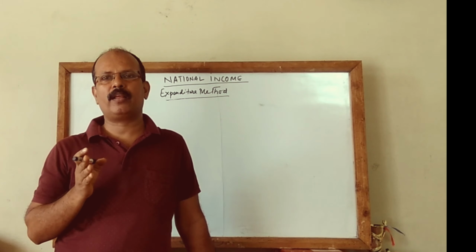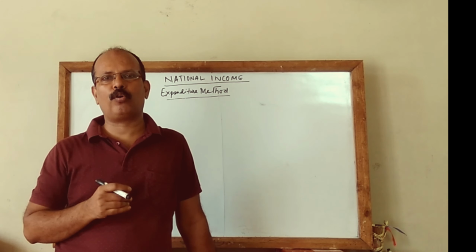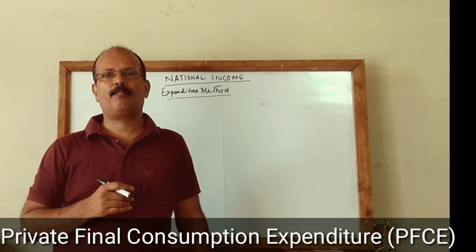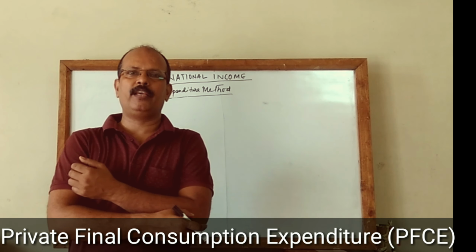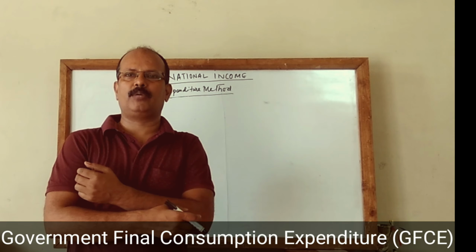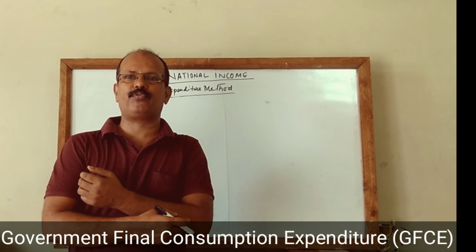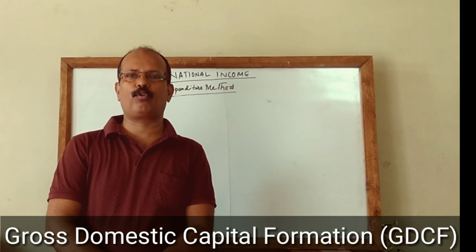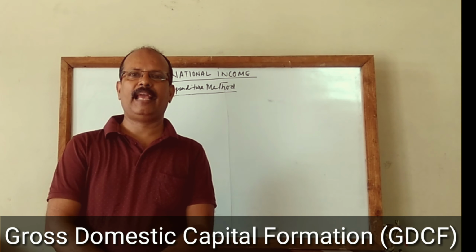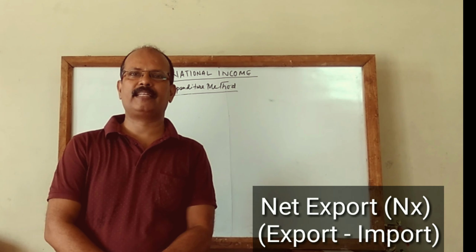Expenditure may be classified into 4 groups, that is private final consumption expenditure, called PFCE, then government final consumption expenditure, called GFCE, then GDCF, gross domestic capital formation, and last one is net export.